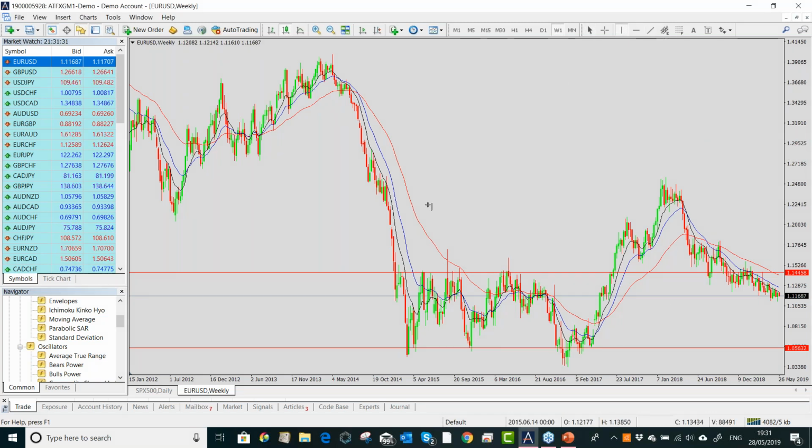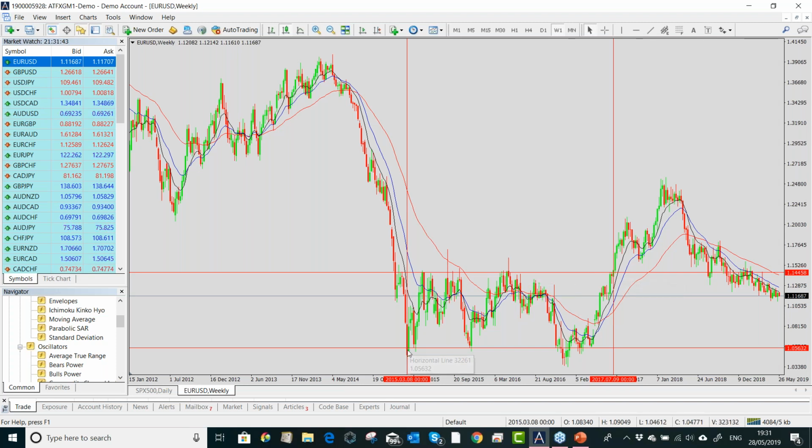Let me draw in some lines just to demonstrate that range. So the range in question is between 8th of March 2015 and 9th of July 2017. So that is pretty much 2 years of ranging for the euro.